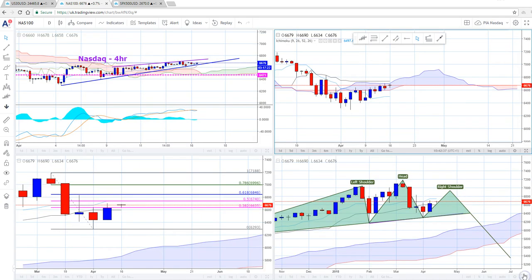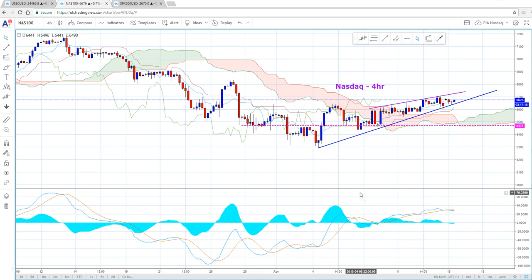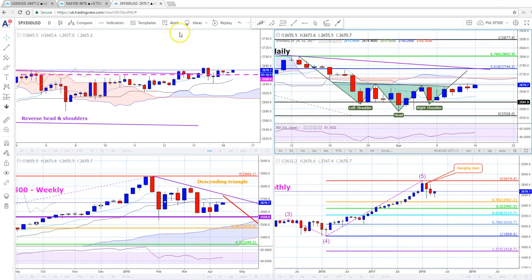So a little bit of sideways congestion from that perspective. But also there is an ending wedge formation, not quite as clear cut as the Dow formation, but again we're seeing the bearish divergence with the oscillators moving lower while the prices are moving higher. So again, overall we see a potential upside to be short-lived before the bears come in again.